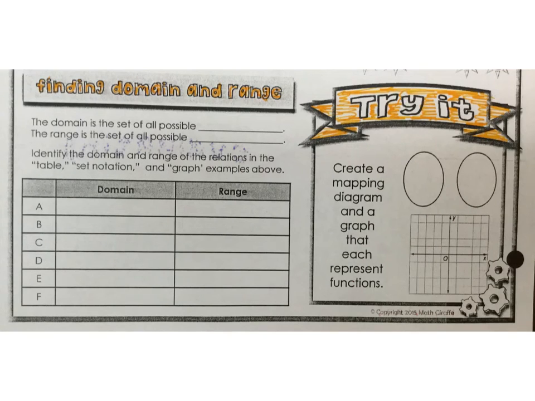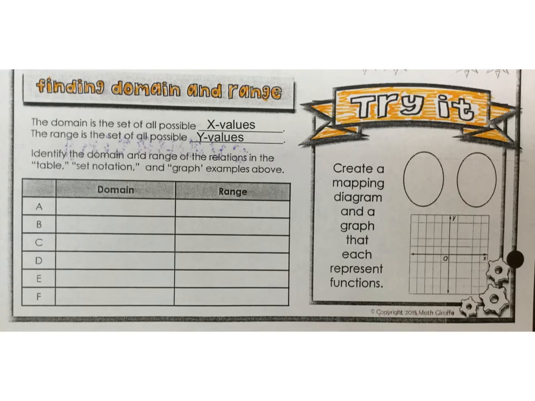To wrap things up, we are going to practice finding the domain and the range. We know that the domain is the set of all possible x values. We also know that the range is the set of all possible y values. So your job here is to identify the domain and the range of the relations in the table, set notation, and graph examples above.